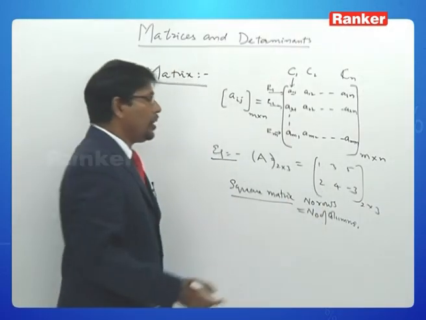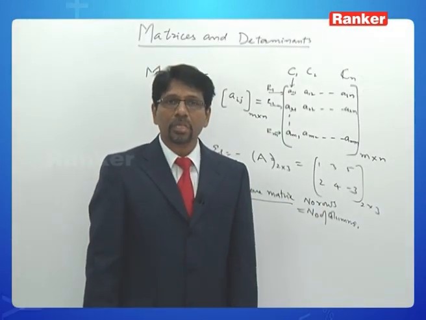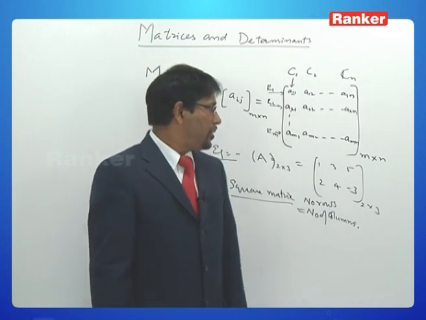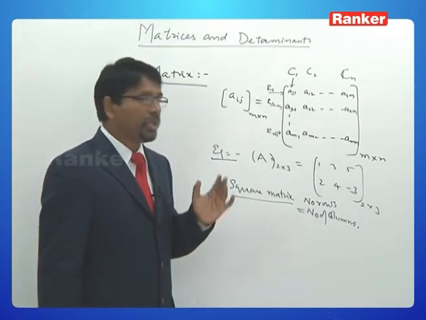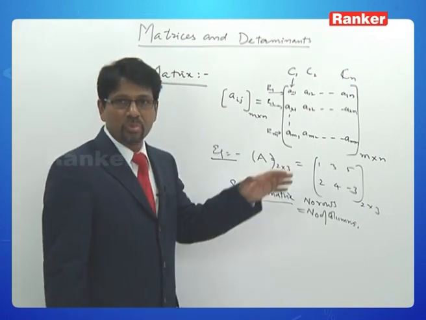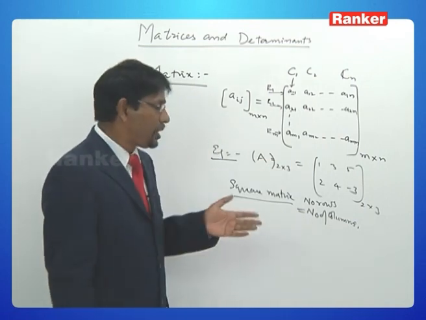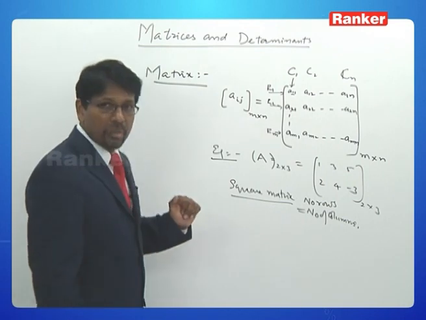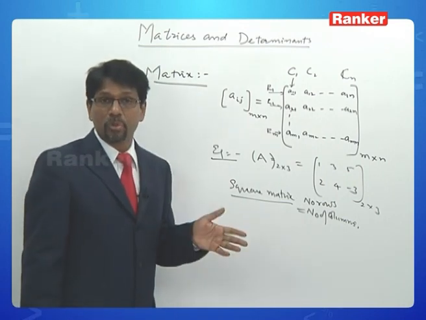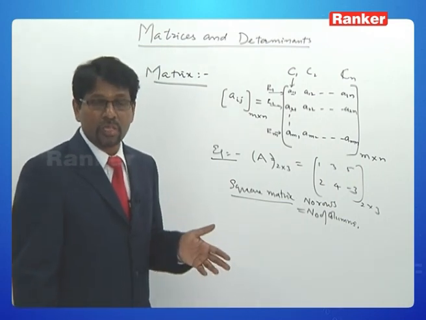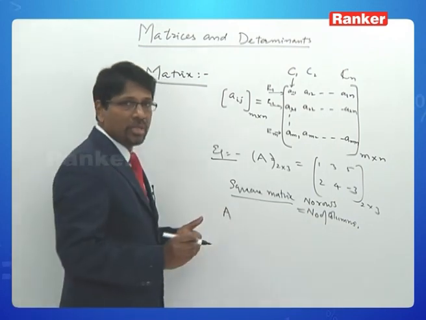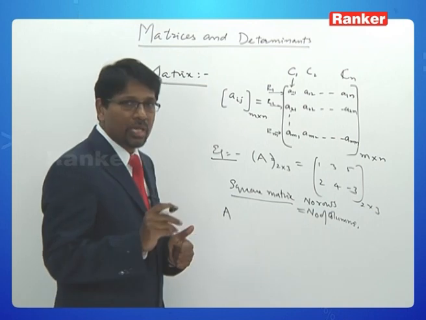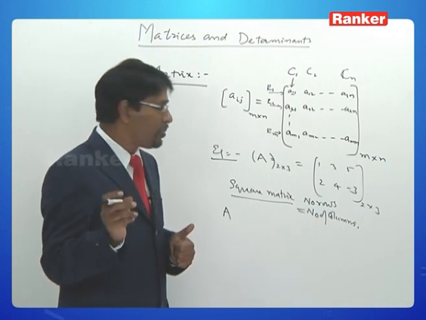Just as we perform addition of real numbers, we can add matrices. We can subtract a matrix from another matrix of the same type. Same type in the sense that the number of rows and number of columns of both matrices should be the same. Suppose A and B are similar matrices, meaning they have the same number of rows and the same number of columns.